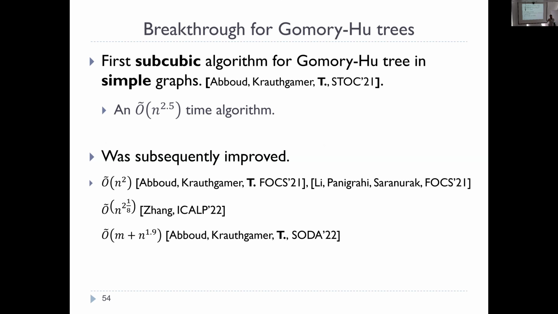And after we published this result, several groups, including ours, used those tools, extended them, to find faster, even faster algorithms, right? You can see them here.